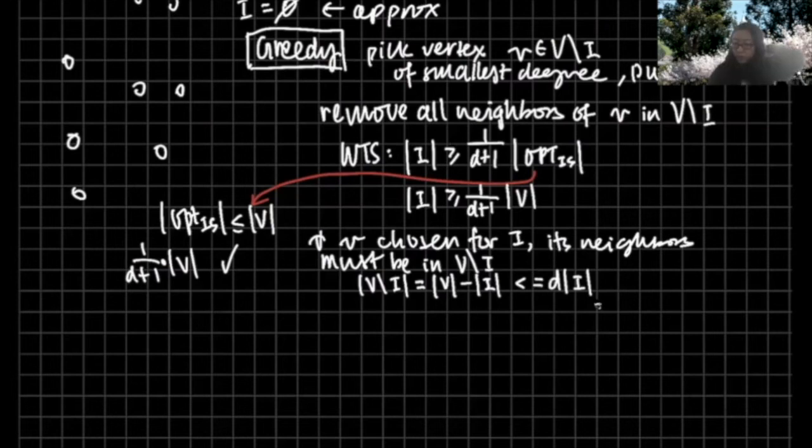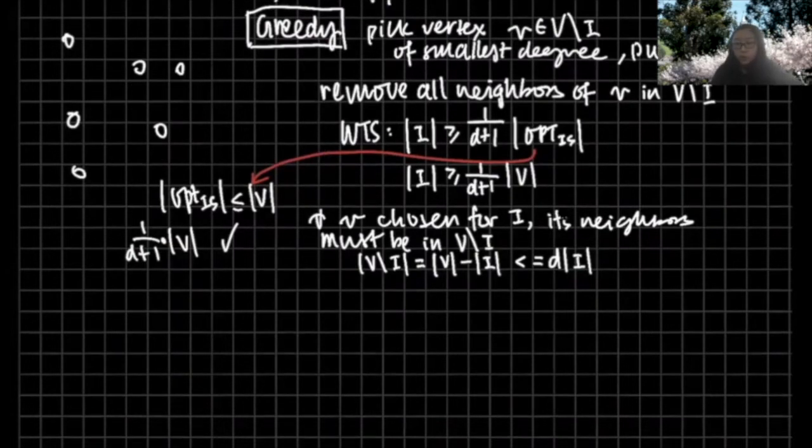The rest of it just follows; it's just manipulating the inequality. So we can say that the size of V is less than or equal to the size of I plus d times the size of I, which is d plus 1 times the size of I, which is our approximation set again.